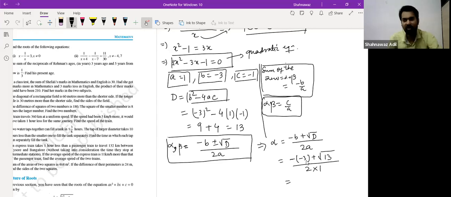Minus into minus 3 is how much, Hamad? 3, correct. So alpha is 3 plus root 13 by 2.